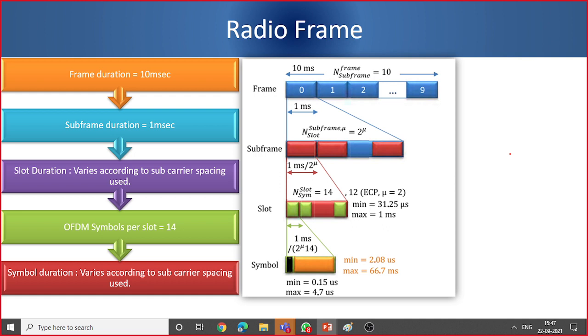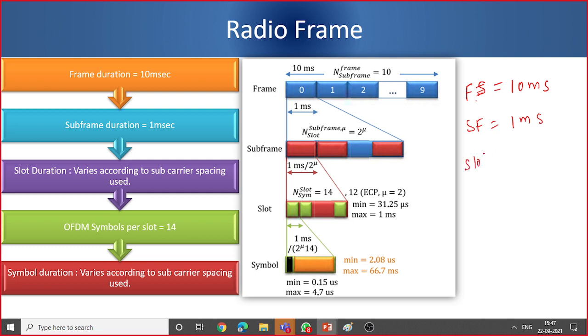So for simplicity, let me just explain. Sorry, your frame, not symbol. Your frame is of 10 millisecond, your subframe is 1 millisecond, and this is common for all numerology.